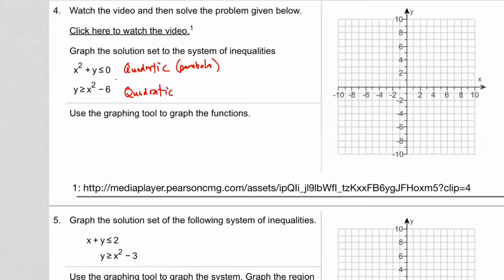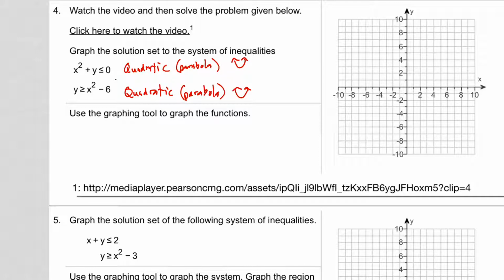But really, you could have a mixture of any various types of functions that you've studied in this course. Okay, and it looks like they're both open up because they're positive x squared.